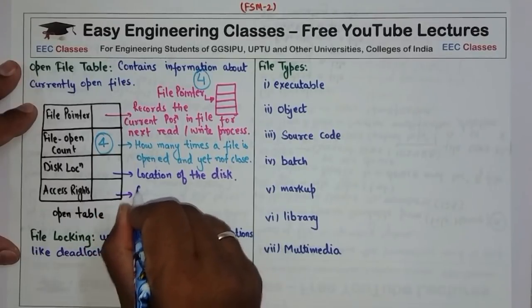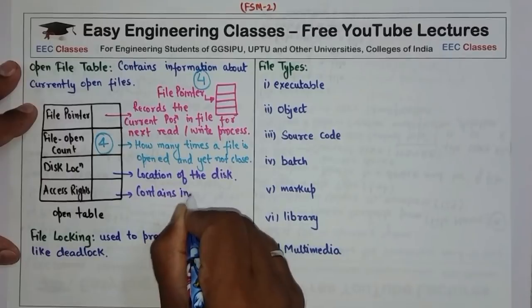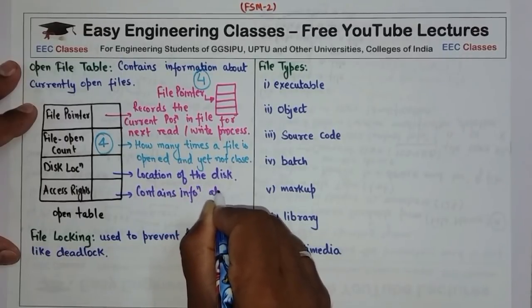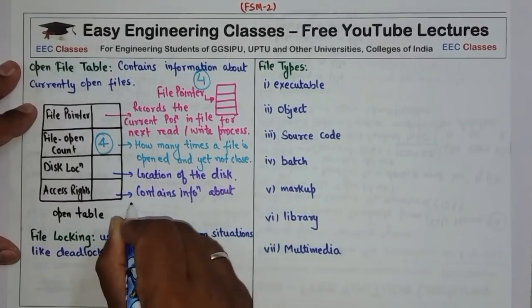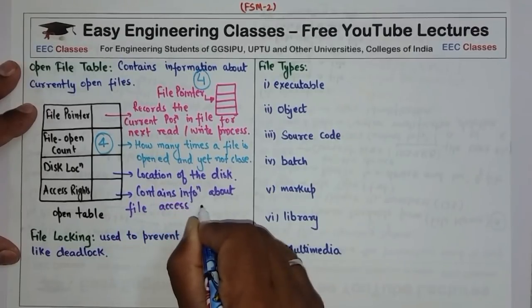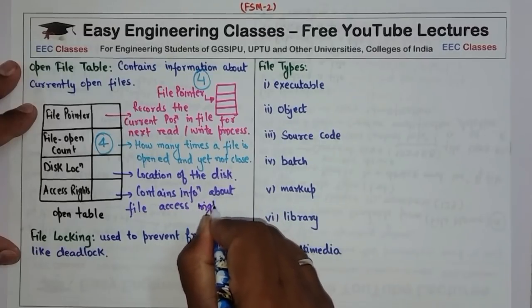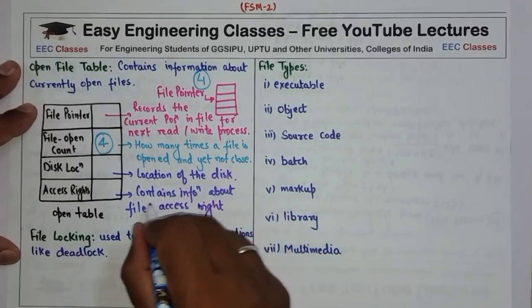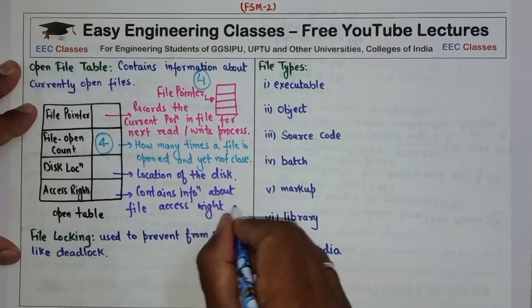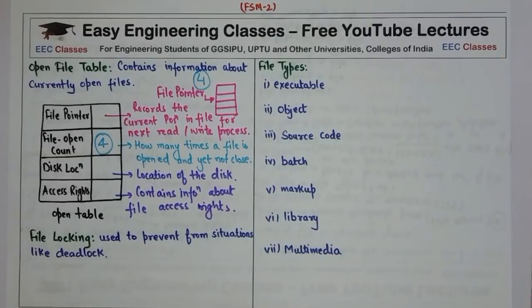It contains information about the file access rights, that is, which user can open the file, and which user can issue read or write commands to the file. So this is about the open file table data structure.